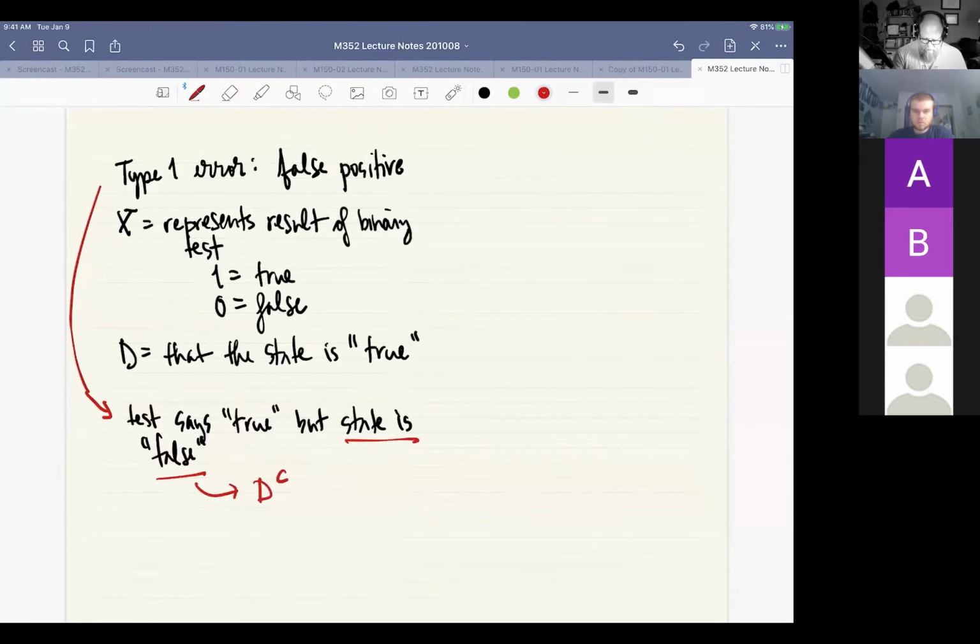It's the complementary condition to the state being true. So a type 1 error looks like it would be the probability that X is true given that the state of the situation should be false. Okay, that makes sense. Good question.